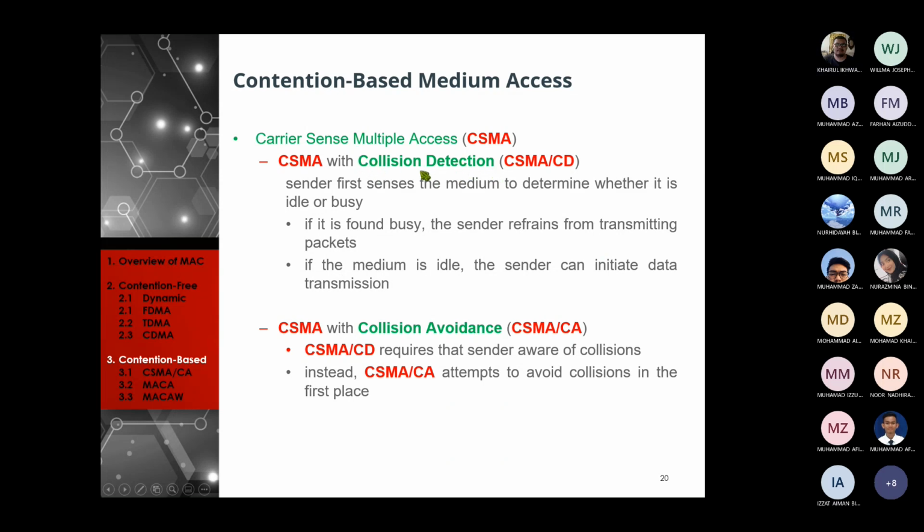Kalau berlaku, so kita kena retransmit kan? Bila ada collision kena retransmit balik kan? Ataupun kita bila ada berlaku, so dia akan tunggu sampai idle baru boleh initiate data transmission. Okay, so avoidance, so dia akan cari supaya tak ada berlaku, dia akan avoid daripada berlakunya collision, sorry.